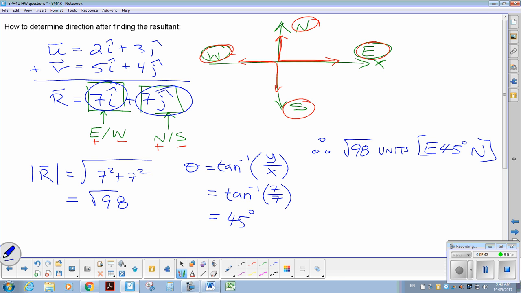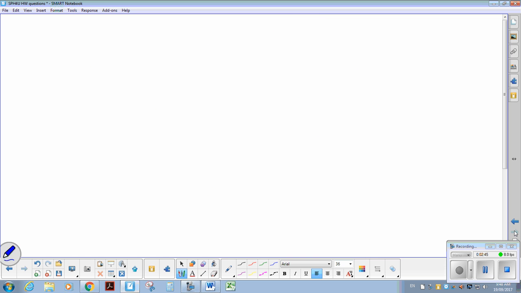All right. If, for example, we ended up with a resultant equal to negative 3i minus 3j, keep it the same, so it's always 45 degrees for me. So now we have negative components. So my x component's negative, so that means I'm moving to the left on the x-axis, or I'm moving west.